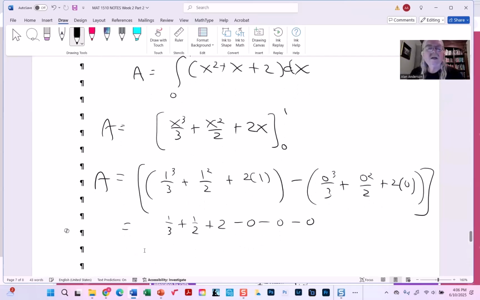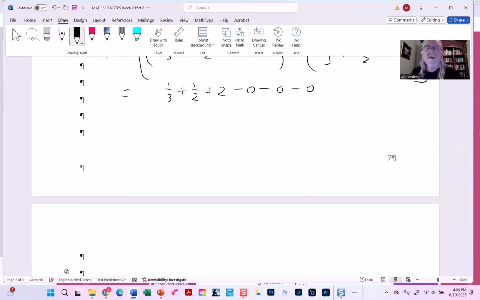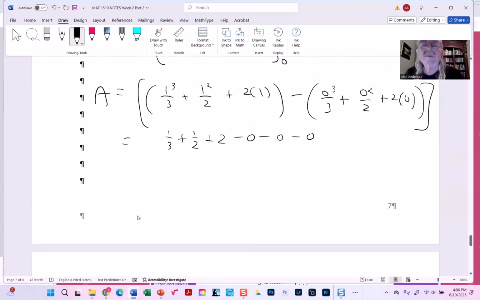Okay, so then we combine these. So of course we're going to need a common denominator. Let's go with 6. All right, we don't need these zeros. Let's get that out. And we end up with 17 over 6.